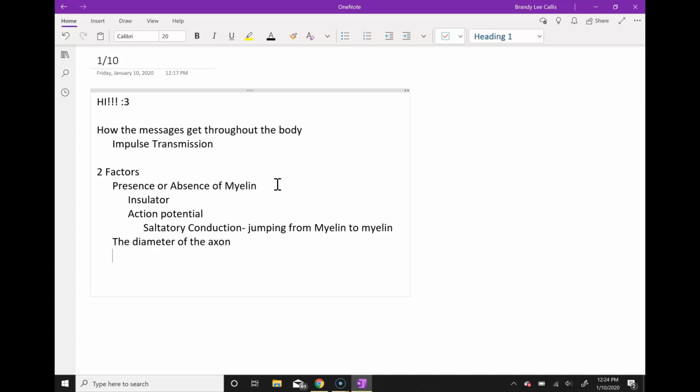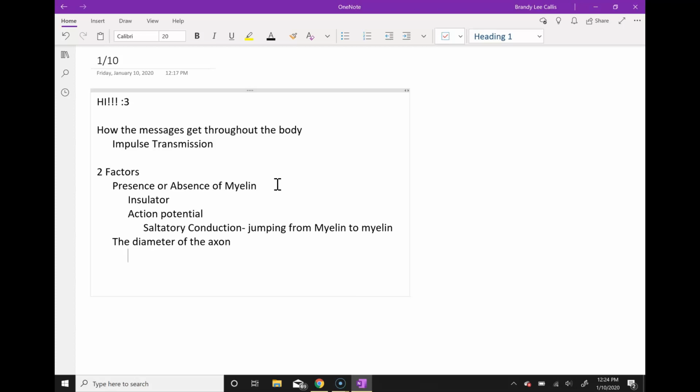So axon diameter, you got to think of it like our hallways during passing periods, okay? It's really crowded. Sometimes it's hard to move through, especially if a lot of people are moving through at the same time. Now, imagine that if our hallways were even closer together, it'd be a lot harder to go through. You would have a lot of people fighting up against you or pushing, trying to get through, trying to get to where they need to go as well.